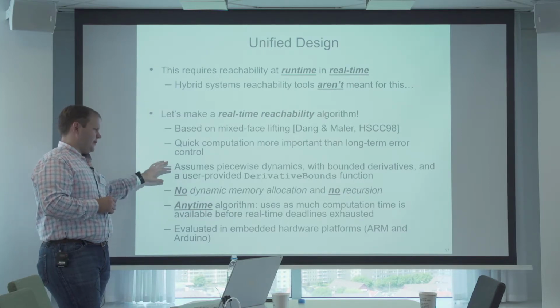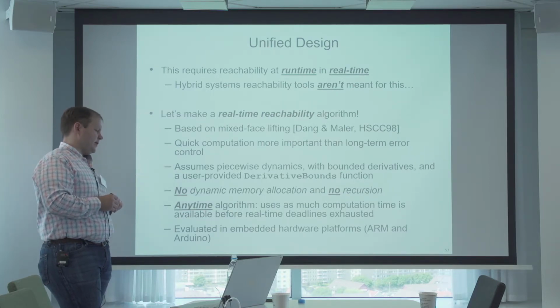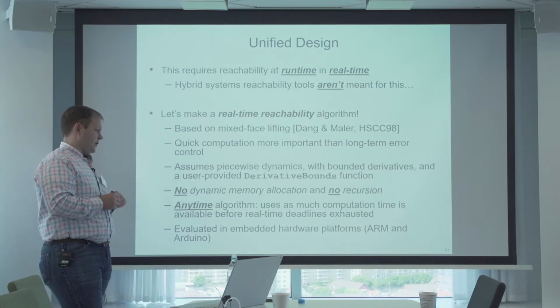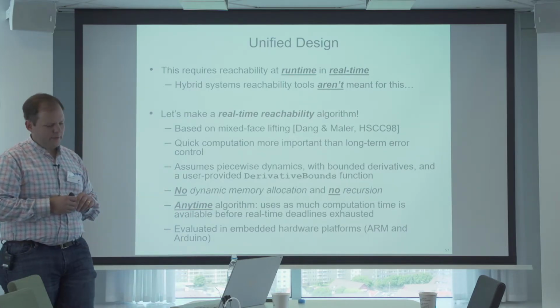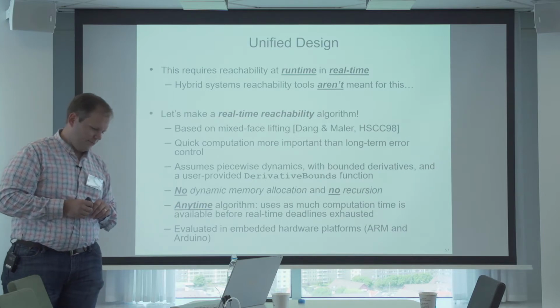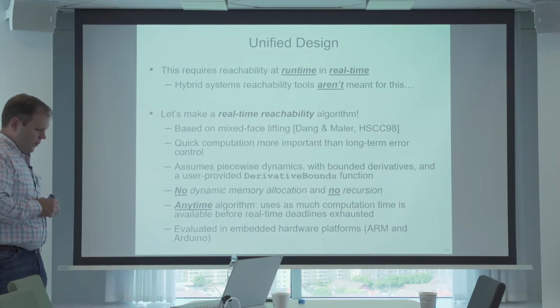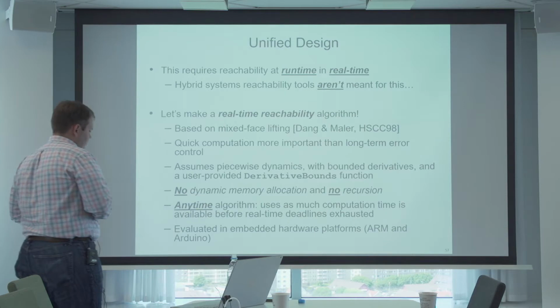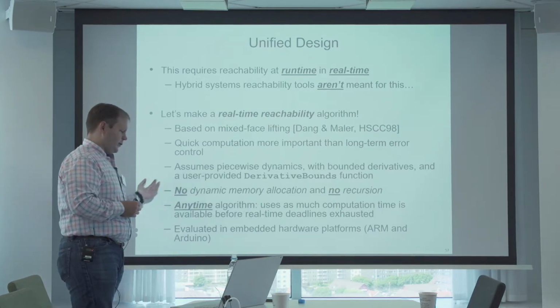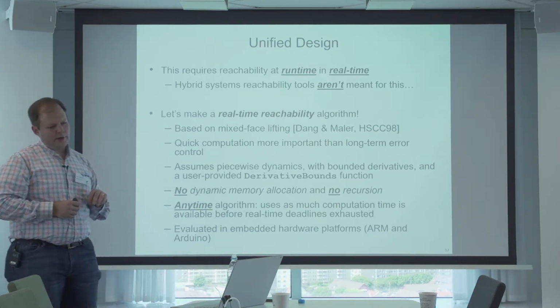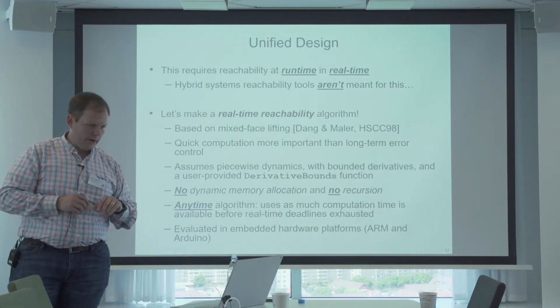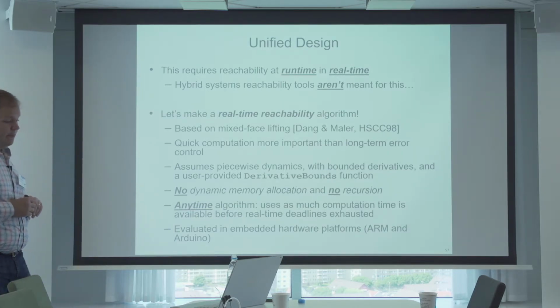There are some assumptions that come into this, particularly some bounds on the derivatives of the ODEs. The real-time aspects, of how we can implement it with real-time guarantees, is that it has no dynamic memory allocation, no recursion, nothing fancy, no libraries beyond the standard lib.